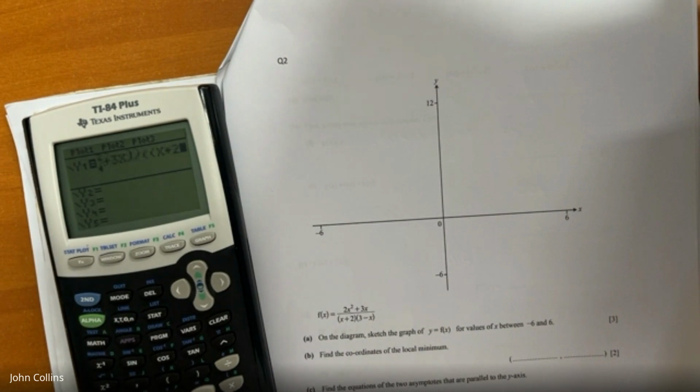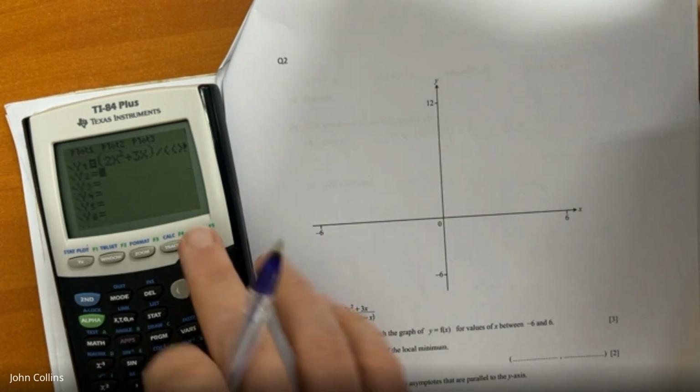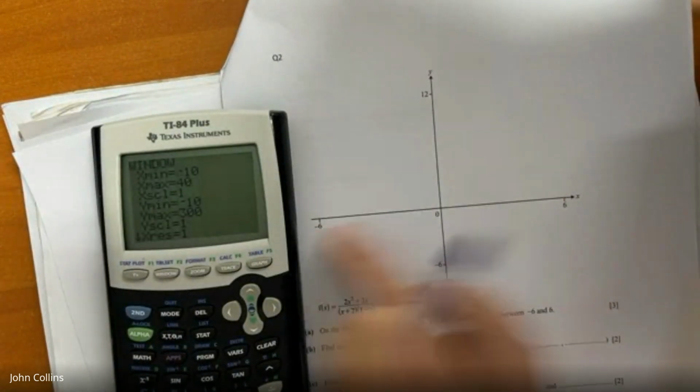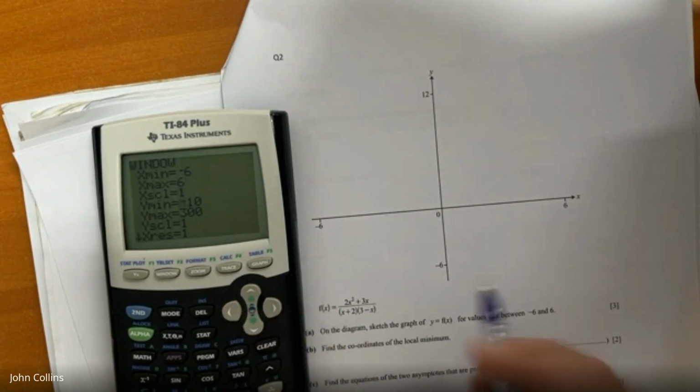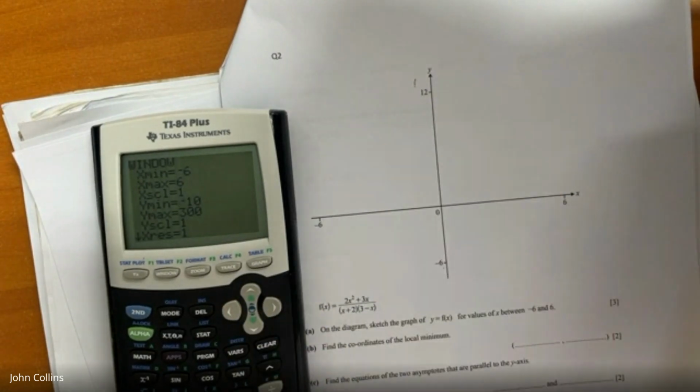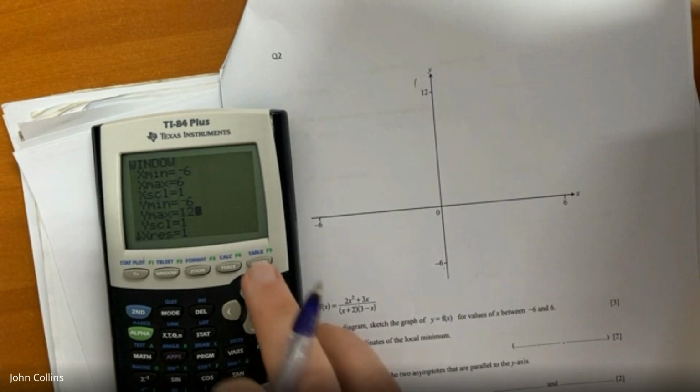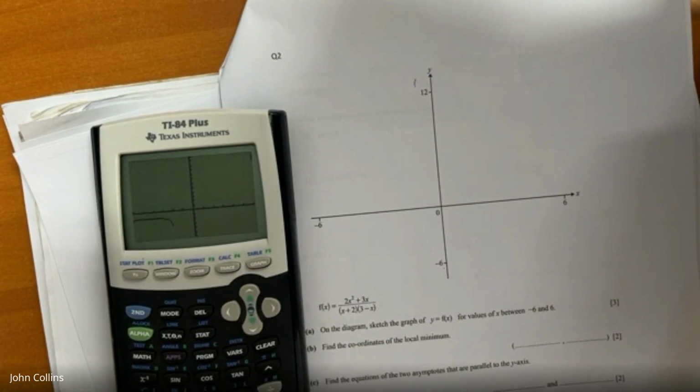So you should be already thinking where the asymptotes are going to be. I think they're going to be at -2 and 3, looking at the equation. I'm going to change my window so it meets these. So -6 and 6, and -6 and 12. And then I'm going to press graph, and it should give me a weird looking function, I think.